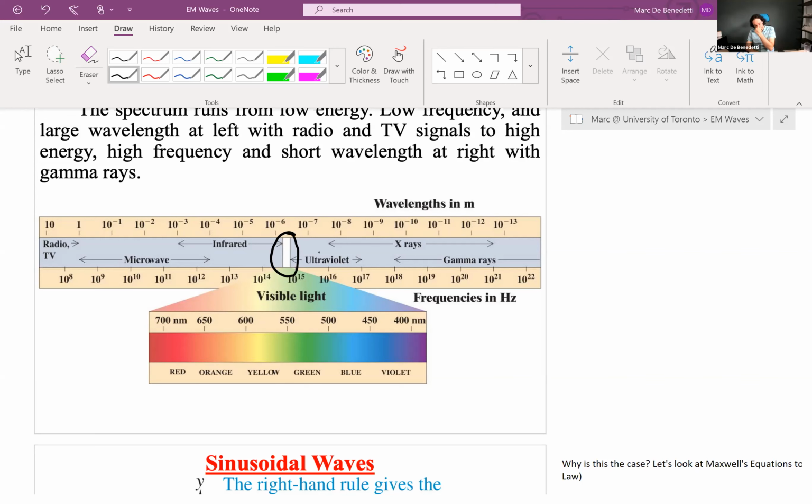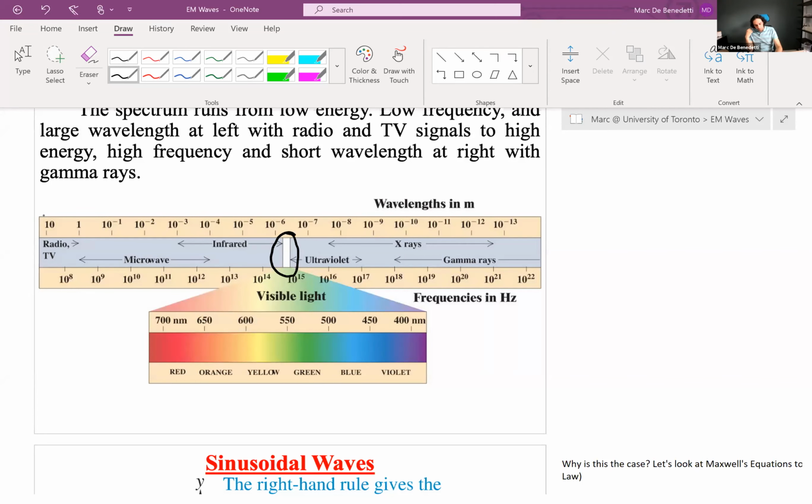Most physicists usually talk about the electromagnetic spectrum in frequencies, but I'll try to do both for you. Wavelengths are measured in meters, lambda, and you can have wavelength 0, meaning you don't really have a wave, or you can have a wavelength that's really large.